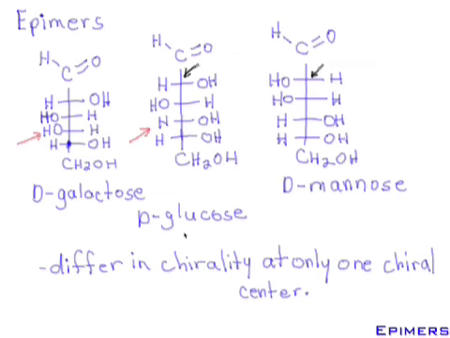So that makes D-glucose an epimer of D-mannose. D-glucose is also an epimer of D-galactose, because D-galactose and D-glucose only differ in chirality at one chiral center. D-mannose differs from D-glucose in chirality at only one chiral center.